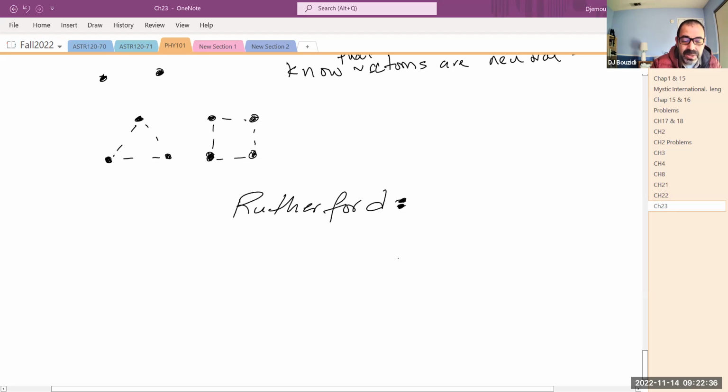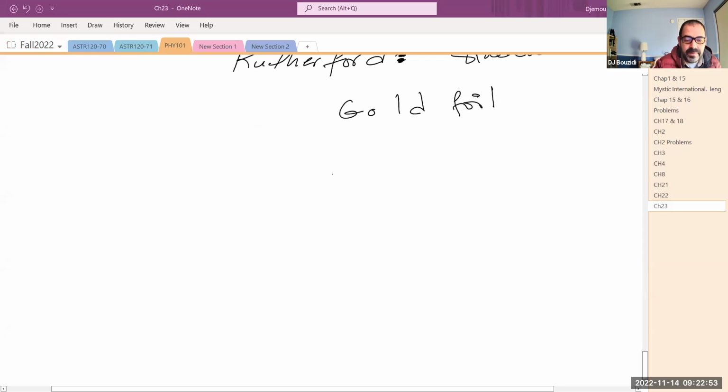Anyway, that's his student. He wanted to confirm his model. So what he did was he came with a gold foil. Why gold, you're asking? Because it's very easy to make a thin film out of it.